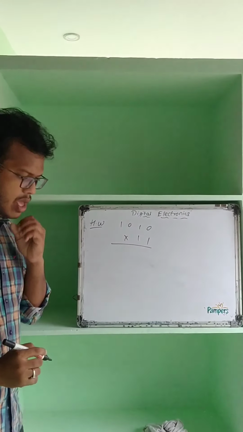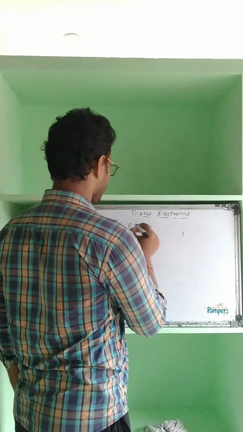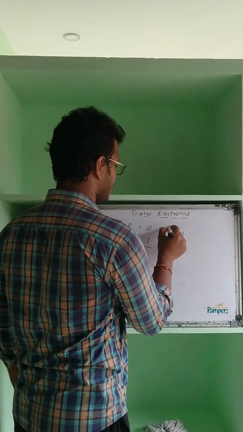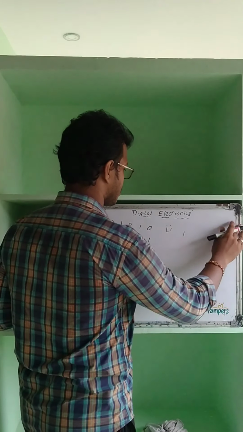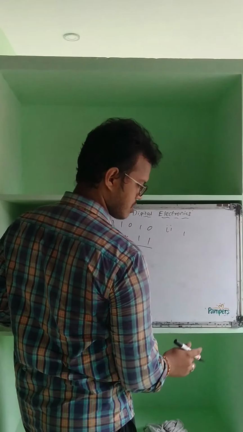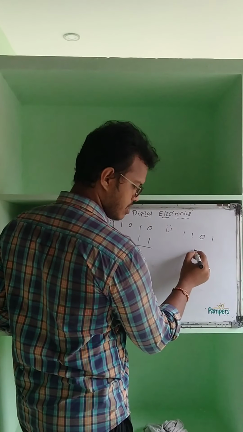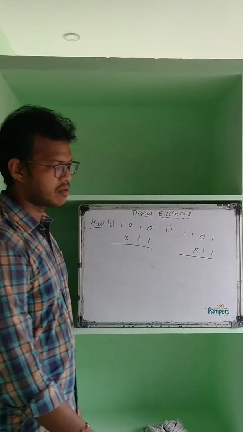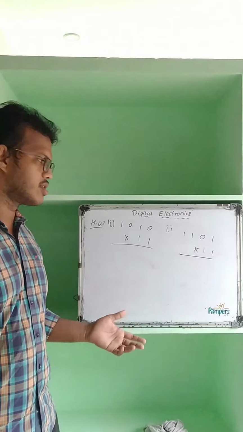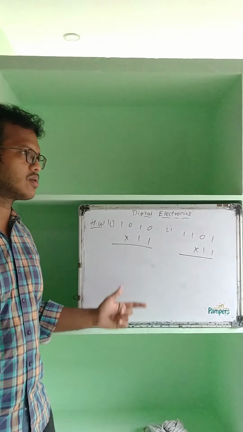Okay, this is the first one, this is the second one. 1101 is multiplied. So anything. So this is it. These two things are your homework problems. So do it at home.